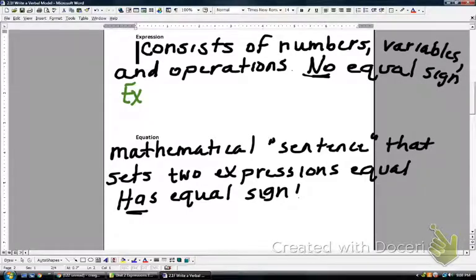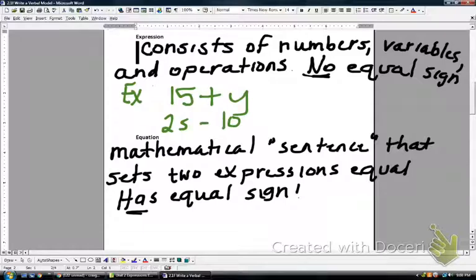The definition for expression consists of numbers, variables, and operations. So an example might be 15 plus y. So you have a number, you have a variable, and you have an operation. The operation is the plus sign. Another example might be 2s minus 10. So you have numbers, variables, and operations.